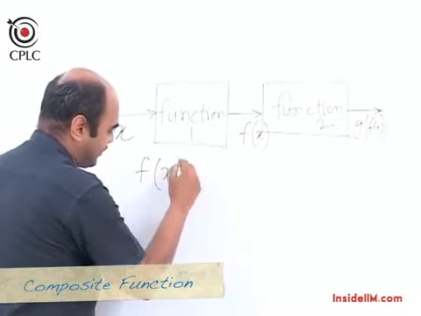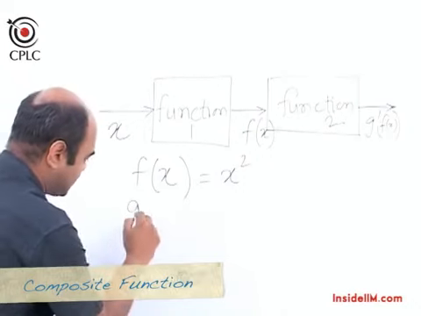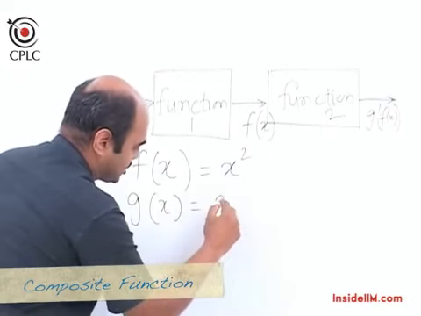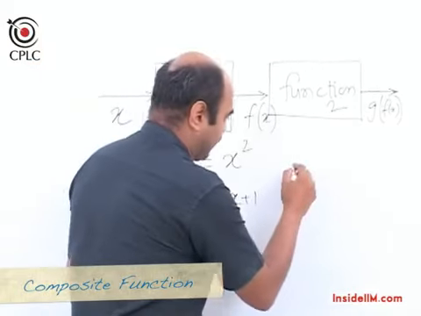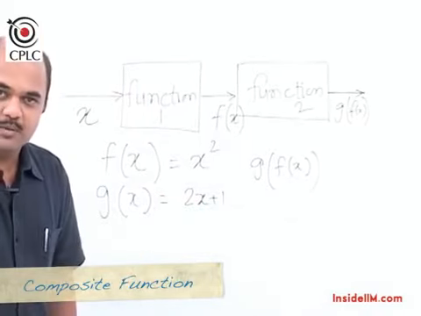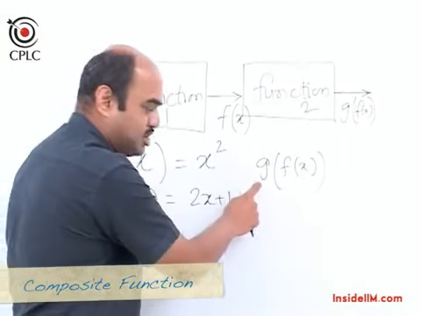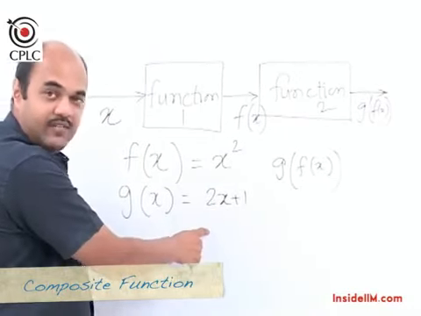Suppose we say there is a function f(x) which is equal to x square and there is a function g(x) which is equal to 2x plus 1. Now if we want to find g of f(x), then what that means is in the function g, wherever there is x, replace f(x).